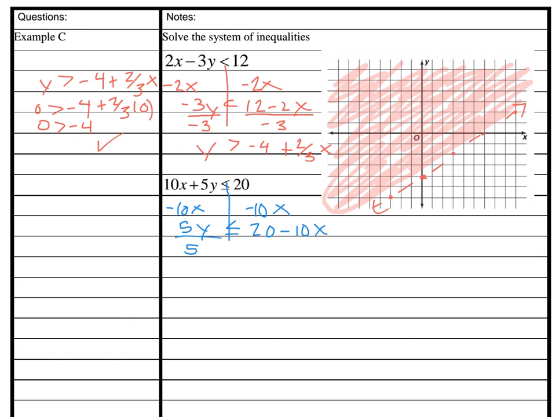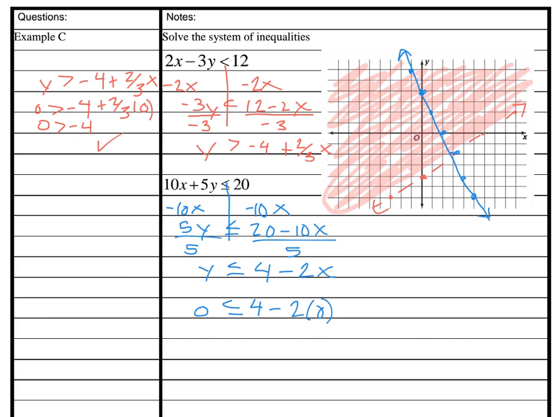Divide by 5 on both sides. So dividing by a positive 5 does not change my sign. 20 divided by 5 is 4. Negative 10 divided by 5 is negative 2 with the x. Take a moment and graph that inequality. Remember to determine if it is solid or dashed, and go ahead and figure out where you should shade also.